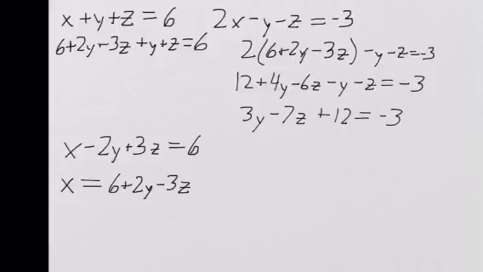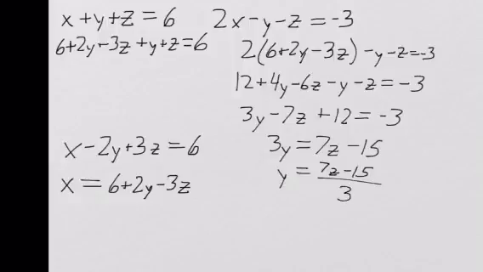Subtract 12 and add 7z to both sides, so I get 3y is equal to 7z minus 15. And then divide through by 3, I get y is equal to (7z minus 15) all over 3, and I will go ahead and leave it in this form.